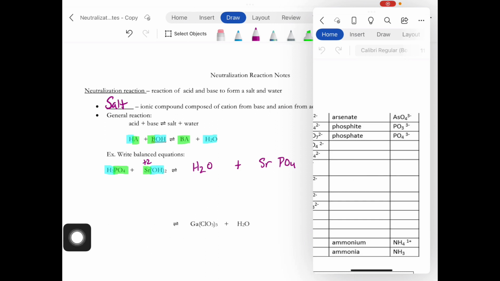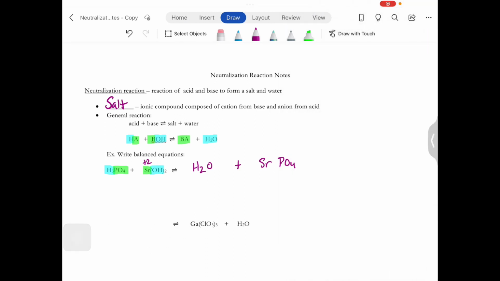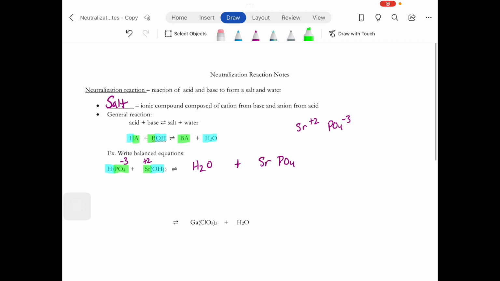That's a -3. These two switch spots. The 2 comes down here, the 3 comes down there. So the 3 is going to come here, and that 2 is going to come there.